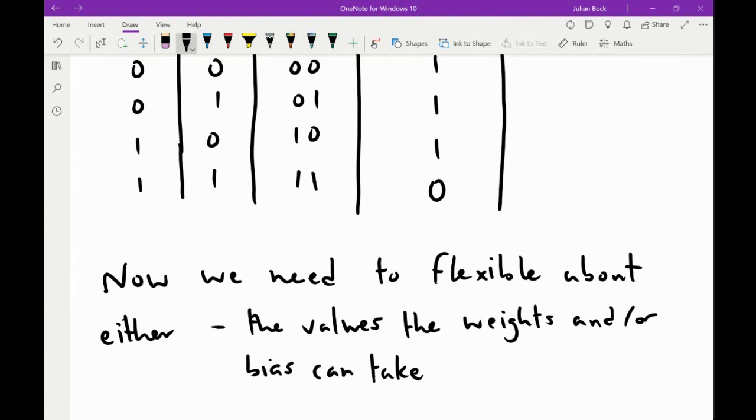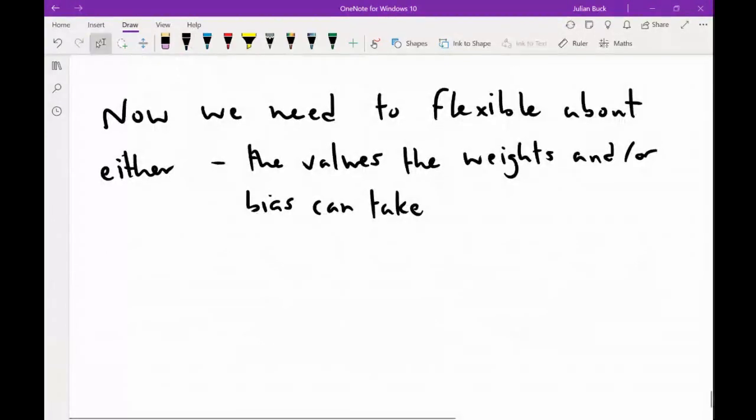Nothing in the development so far says that the weights need to be positive numbers, and we did say that the bias could be negative. If you take a negative of a negative, you get a positive. So as long as you allow yourself to do that, that's okay.